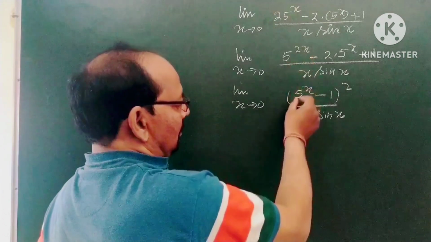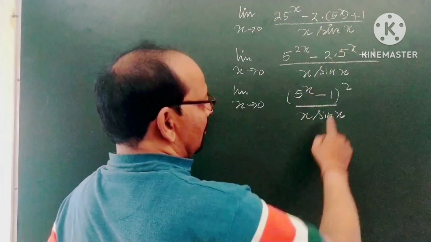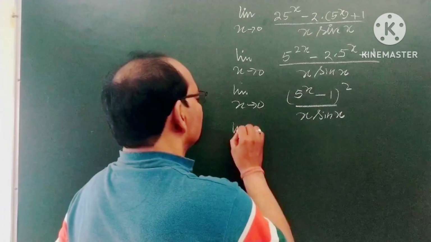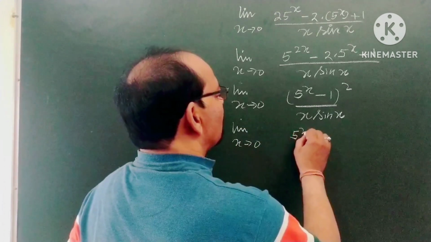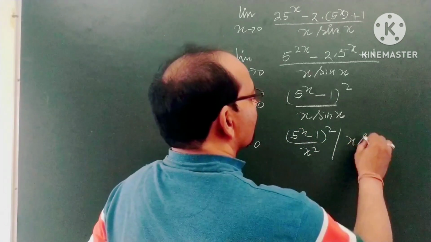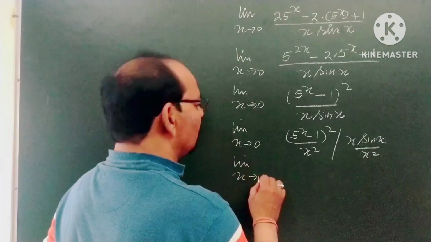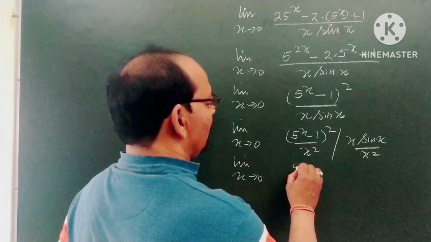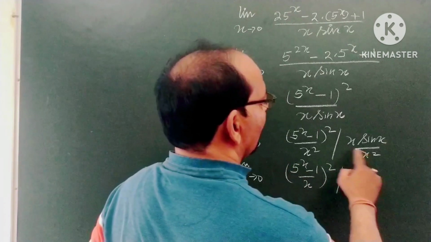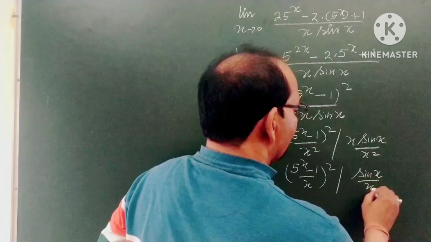If we divide the denominator and numerator by x², we get limit x tends to 0, ((5^x - 1)/x)² upon (x sin x)/x². Both are in square form: ((5^x - 1)/x) whole square by, once x cancels, (sin x)/x.